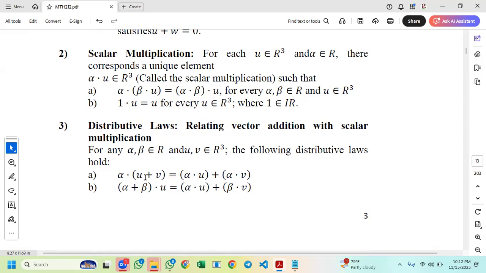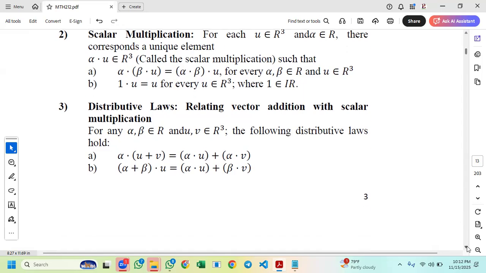We said that distributive law is going to combine the two of them together. Which two of them are we talking about? Addition and multiplication. Thank you. So alpha multiplied by u plus v will give us the same thing as alpha multiplied by u plus alpha multiplied by v. You know this one now, expanding of bracket. Very straightforward algebra.